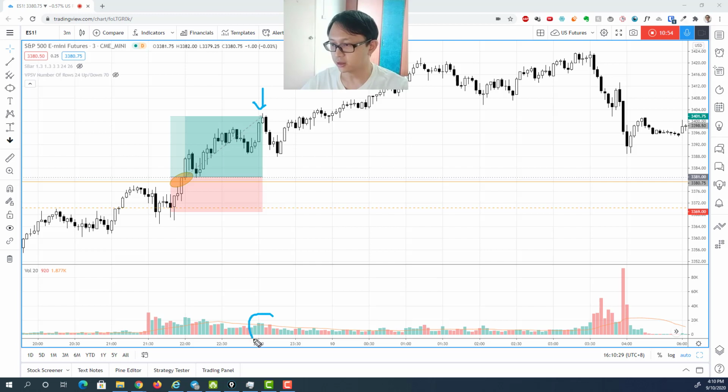If you pay attention to this small candle together with this big bullish bar here, you can notice that these two candles actually have a very similar volume level. So you can just assume it's the same volume. With the same volume as the previous bar, what we get is actually a small spread bullish bar.